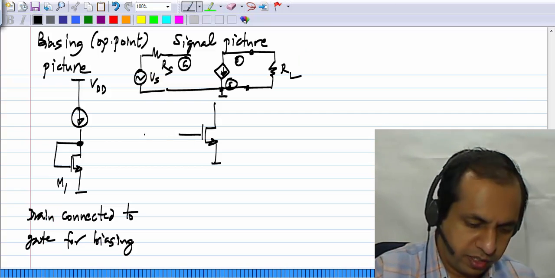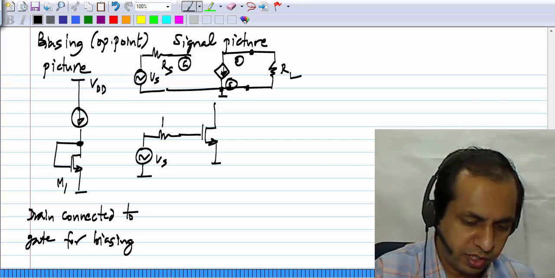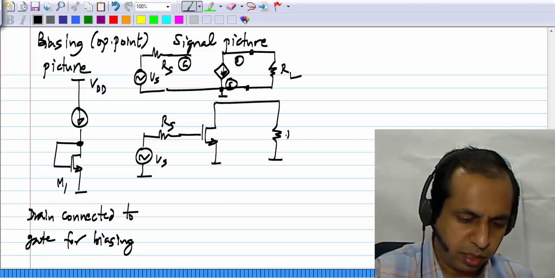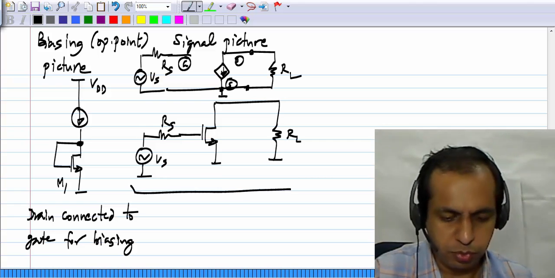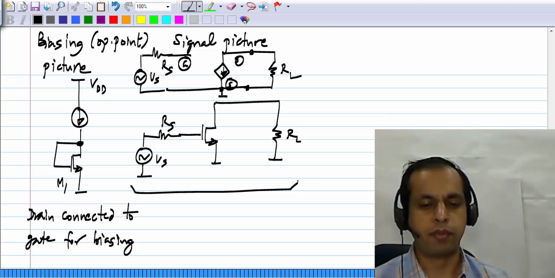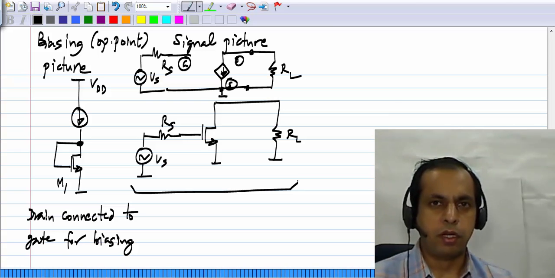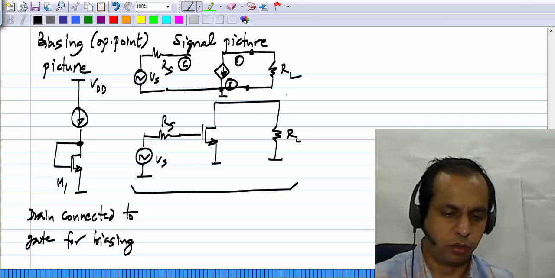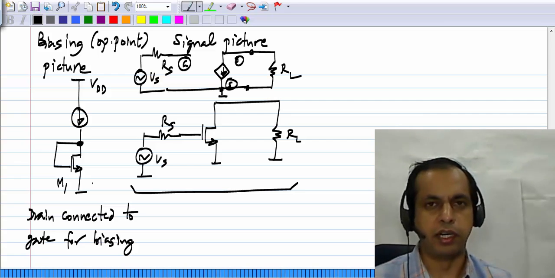Or if I draw it with the MOS symbol, I have Vs and Rs appearing across the gate source and RL appearing over here. This is in the small signal incremental picture. Now first let's try connecting the load resistor. The load resistor must appear between drain and ground, or it must be connected to the drain.